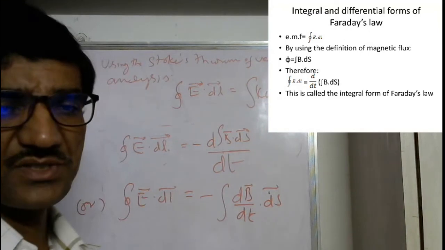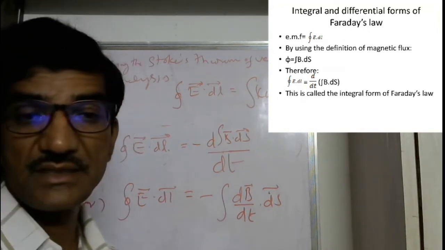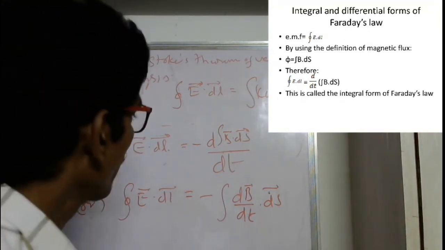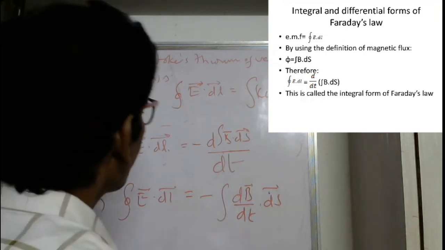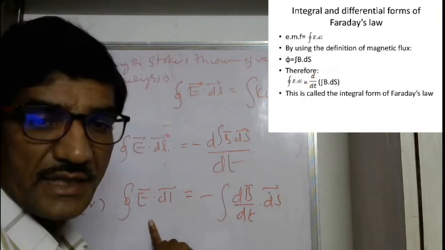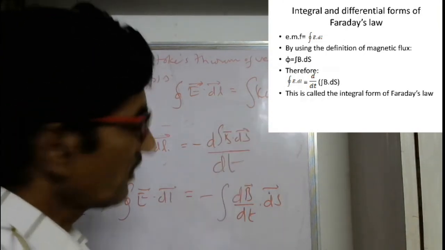Why? Because Stokes theorem converts the line integral into a surface integral. Therefore, now you have here curl E dot ds.